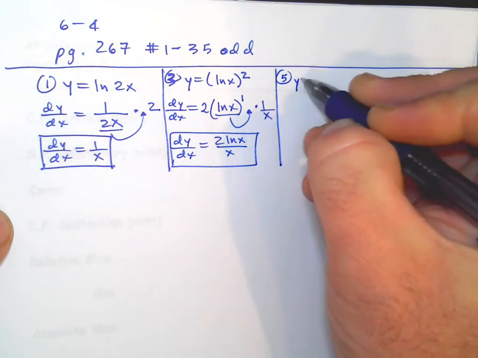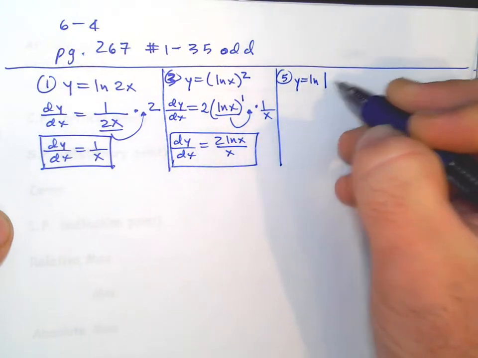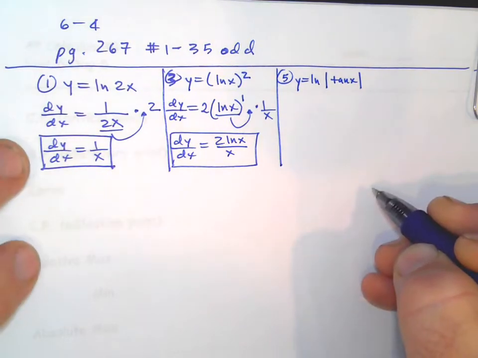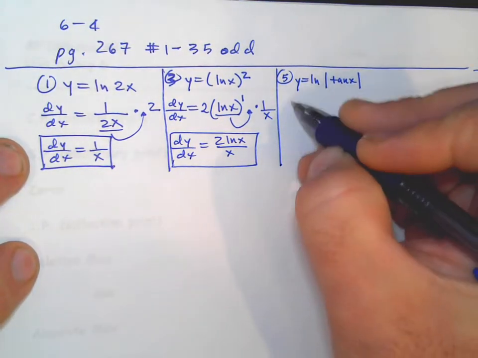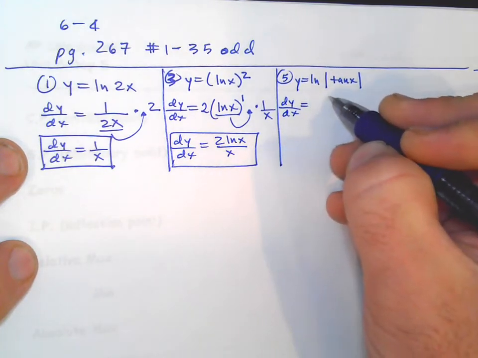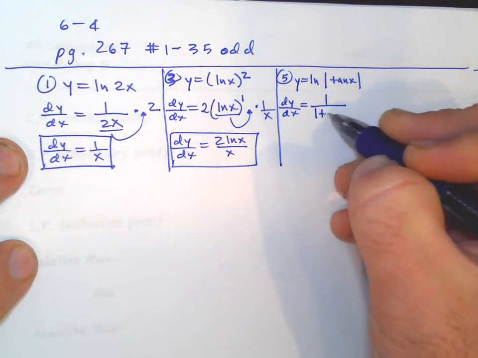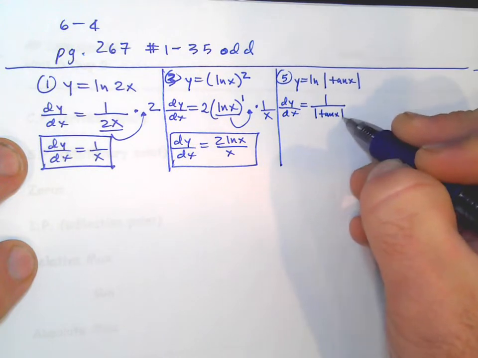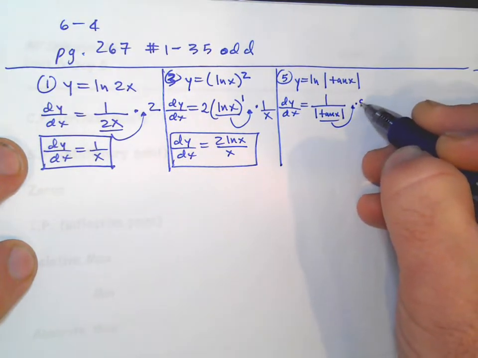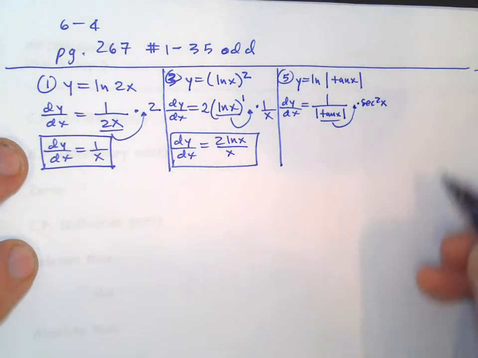Number 5, y equals natural log of the absolute value of tangent x. So dy dx is going to be 1 over what's inside times the derivative of what's inside. Derivative of tangent is secant squared x.